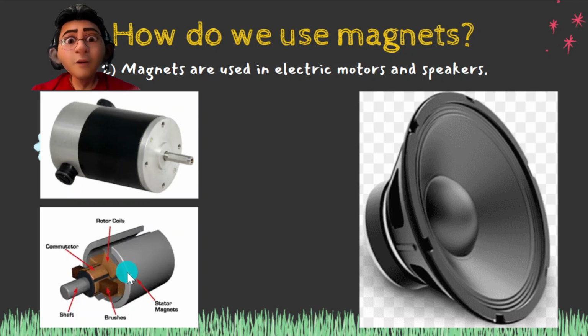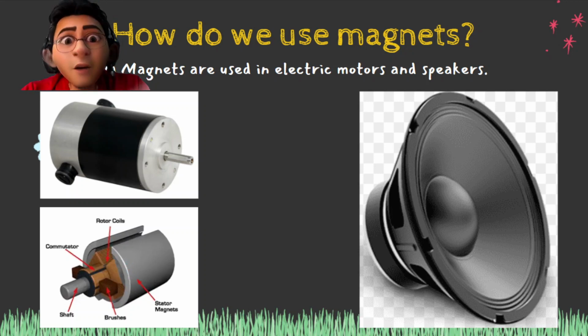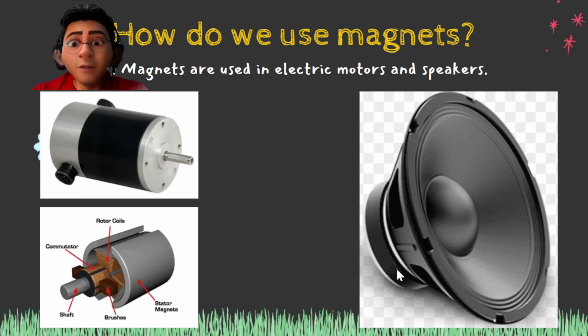You can find this motor in any kinds of motor, maybe in a car or in a toy car like a remote control car. You will find motors, and inside every motor you will find magnets, and also in speakers like this one. Here is the magnets behind this. It's a ring magnet, and it is used in speakers.